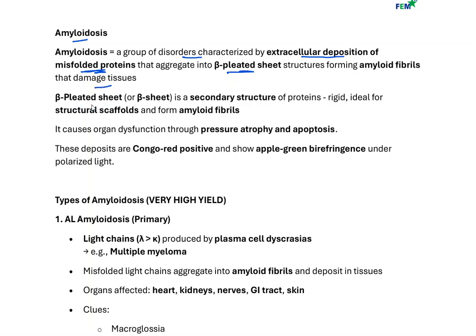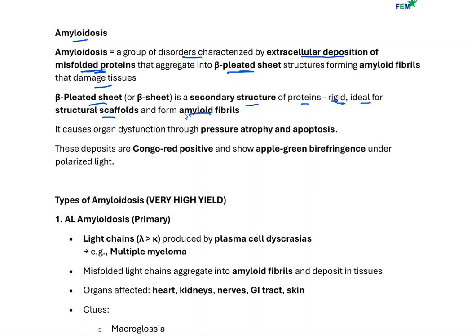So what are these beta-pleated structures? They're actually a secondary structure of proteins. These beta-pleated sheets are very rigid, ideal for structural scaffold, and they can form amyloid fibrils, which is the problem in amyloidosis.